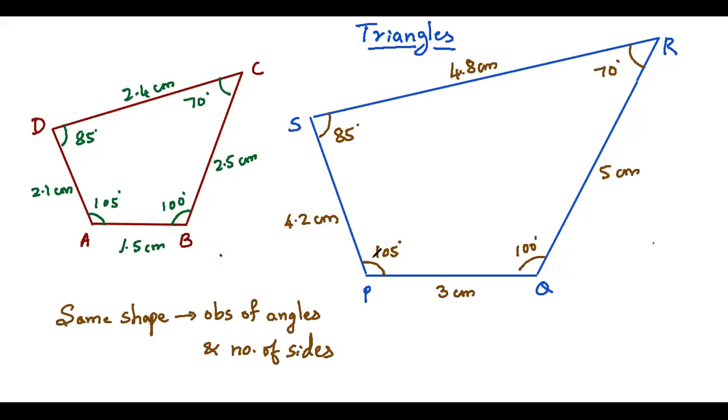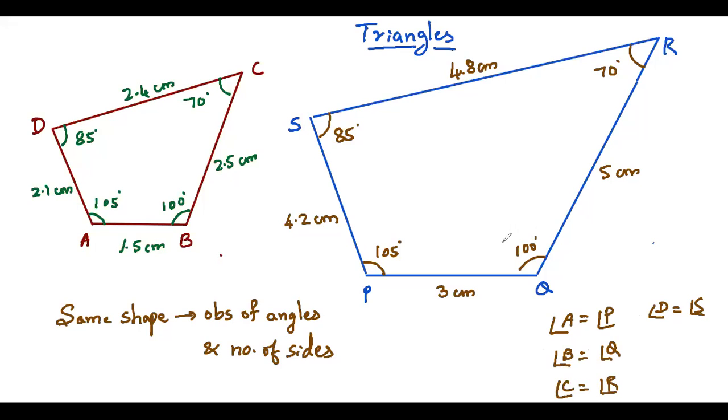Angle A is equal to angle P. Angle B is equal to angle Q. Angle C is equal to angle R. And angle D is equal to angle S. That means the angles are equal. I am writing about the angles being equal. So I observe that both the figures have the same angles.